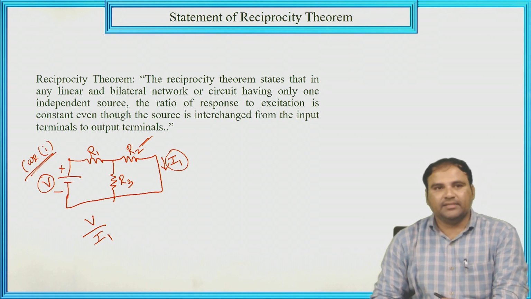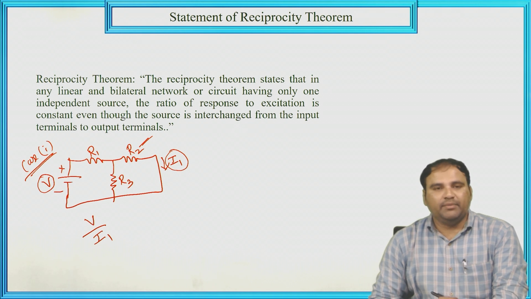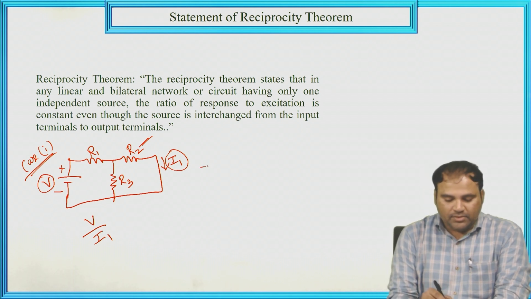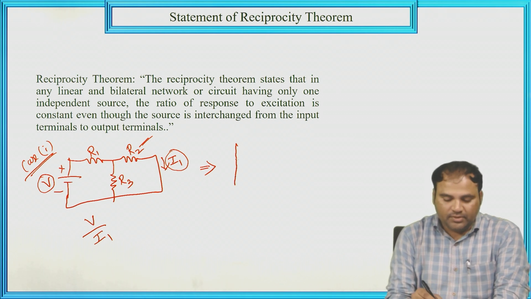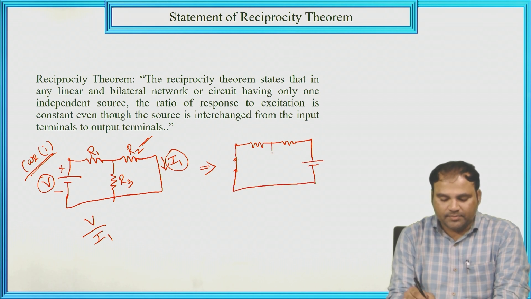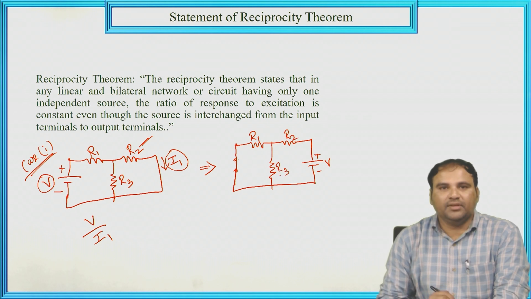Suppose in the second case, as per the statement of the Reciprocity Theorem, we have to interchange the voltage source to the secondary side. So in the next circuit, we short circuit the original voltage source, and we have the same resistors. We interchange the voltage source, plus minus, voltage V, with the same elements R1, R2 and R3.